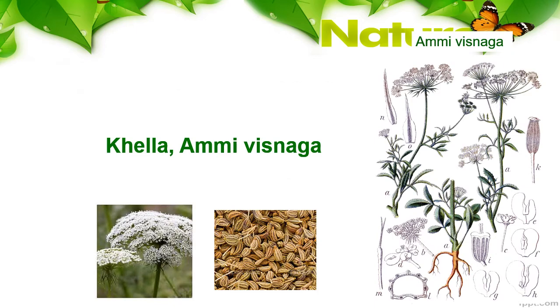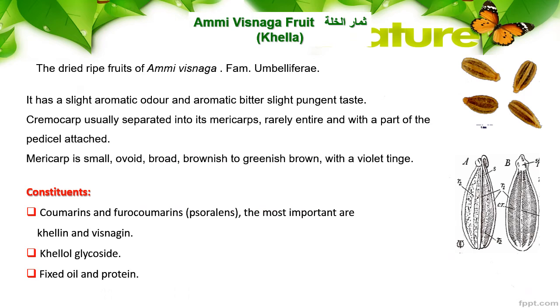Khella or Ammi visnaga, obtained from the dried ripe fruits of Ammi visnaga, family Umbelliferae. Shape of the fruit, diagram of the morphology of the fruit. Khella or Ammi visnaga has slight aromatic odor and aromatic bitter, slight pungent taste.